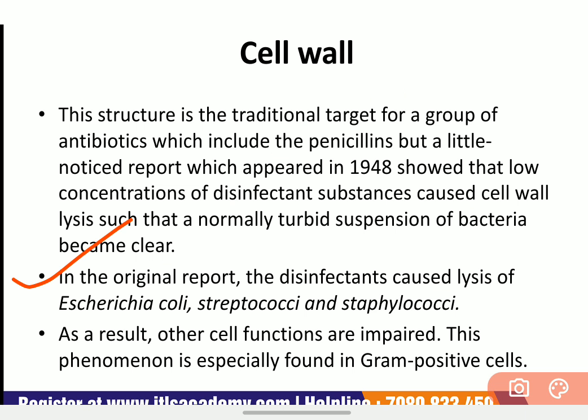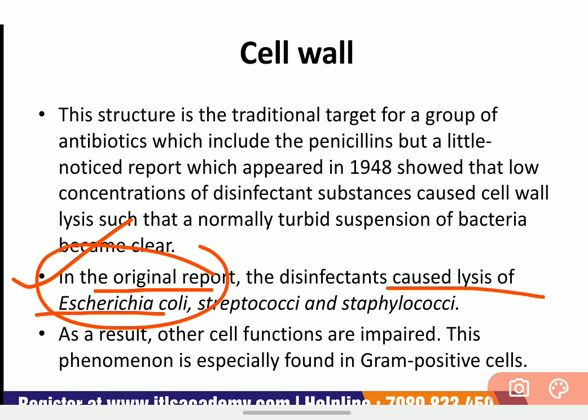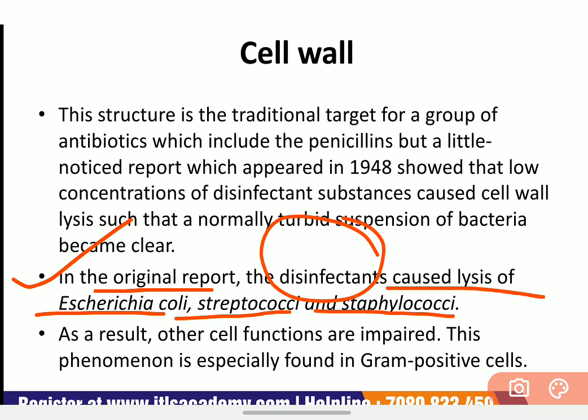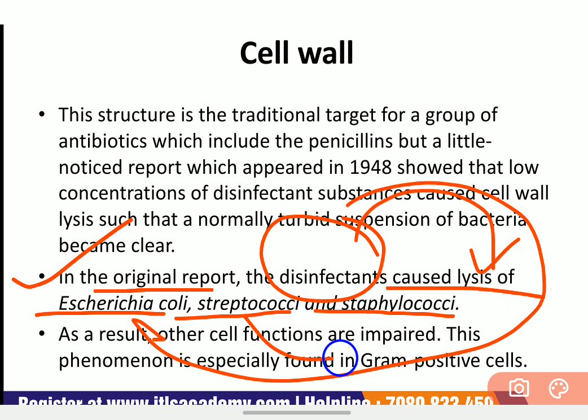In the original report, the disinfectants caused lysis of E. coli, that is Escherichia coli, Streptococci and Staphylococci. There are a lot of disinfectants that cause lysis of E. coli, Staphylococci and Streptococci.